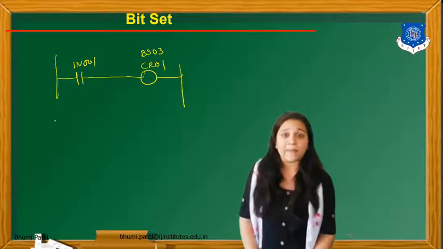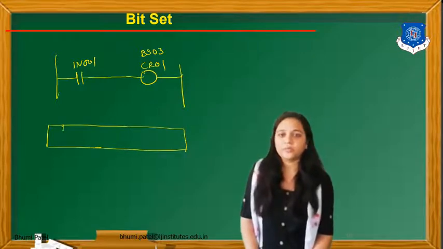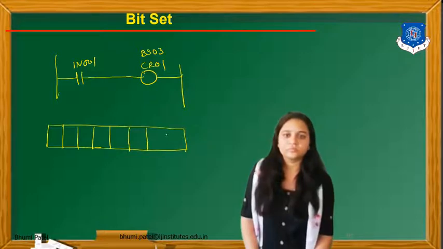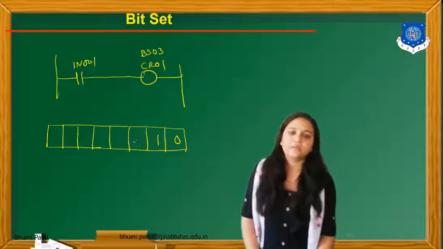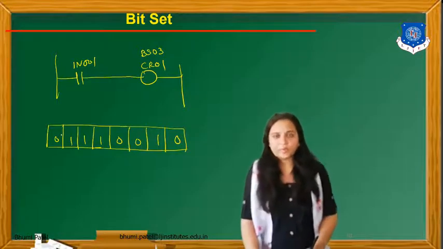Now what is the application of the bit set? Suppose we have 8-bit data, and the value of the 8-bit data is like this: 0 1 0 0 1 1 1 0.